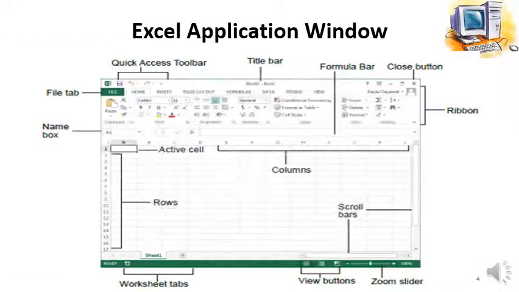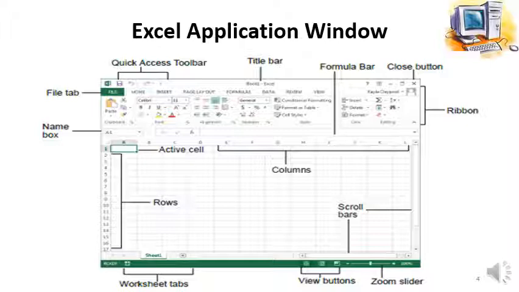Now, Excel application window. This is the Excel application window in which the home tab is active. Different parts of the Excel application window are labeled here in this diagram. Quick access toolbar is here, title bar is here, formula bar, close button, ribbon.